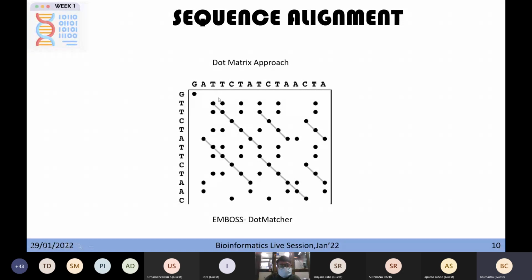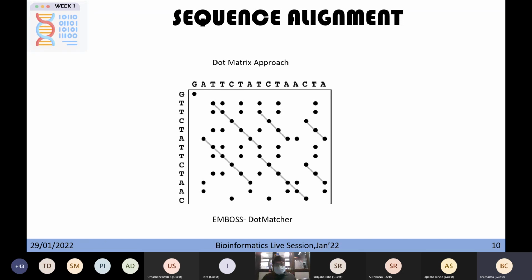If T matches T, you put a dot. In this way you find where you can cut diagonally, and you find the matching. You can understand that it is very difficult for a large number of sequences, so it has been improved and new algorithms have been developed.